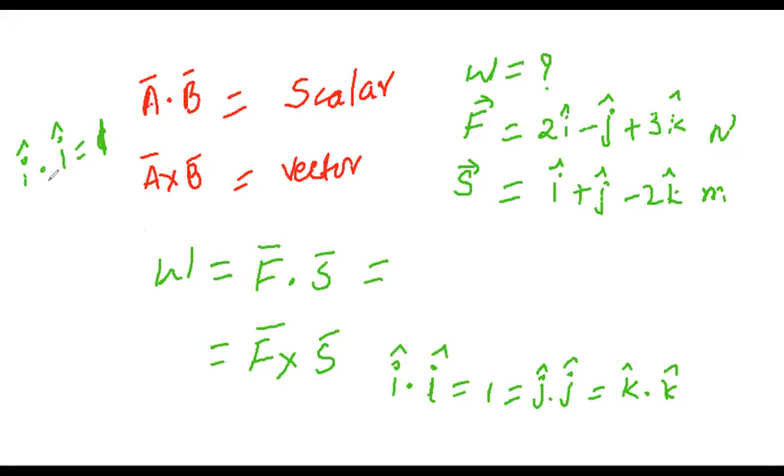Please come and talk to me, only one person unmute. How can we prove i dot i is 1? And before that, I have to teach this: mod A dot B equals mod A mod B cos theta. So remember, note this down.